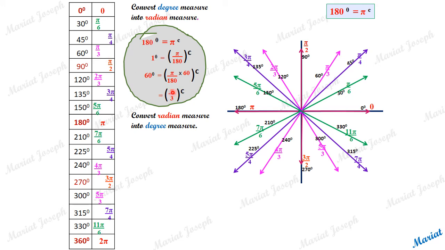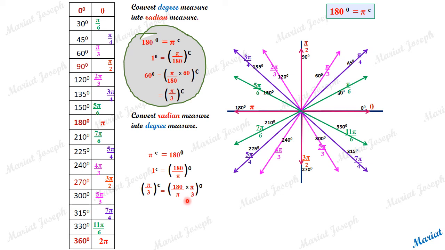This is how we do the calculation using unitary method. Now, in case we want to convert radian measure into degree measure, take the relation pi radian equal to 180 degrees. Again go by unitary method. 1 radian is equal to 180 upon pi degrees. Therefore, pi by 3 radian will be 180 by pi into pi by 3 degrees.